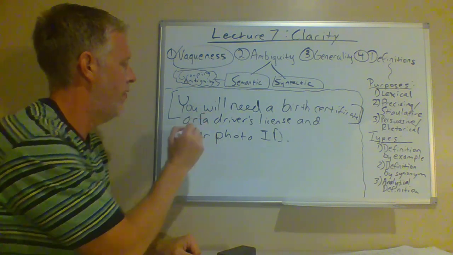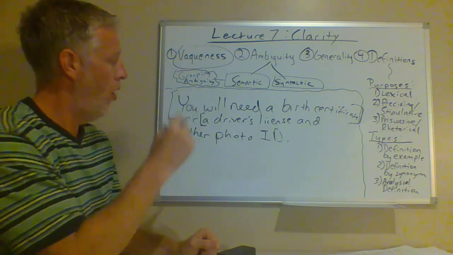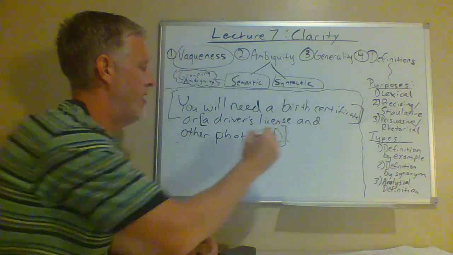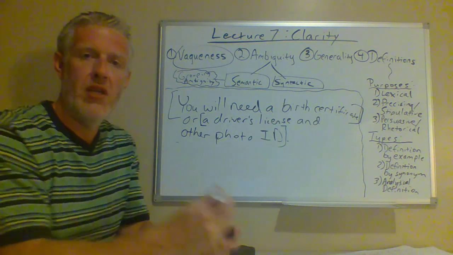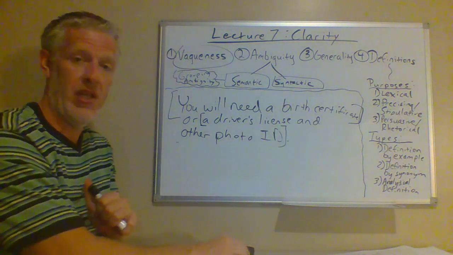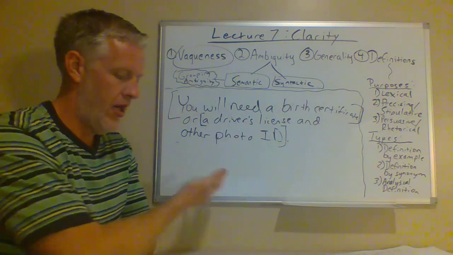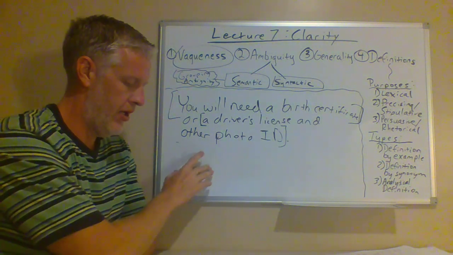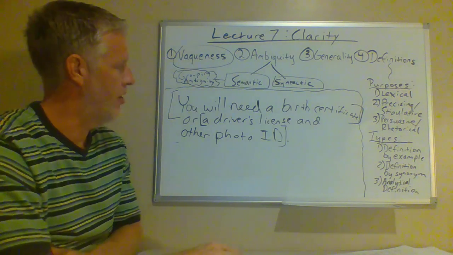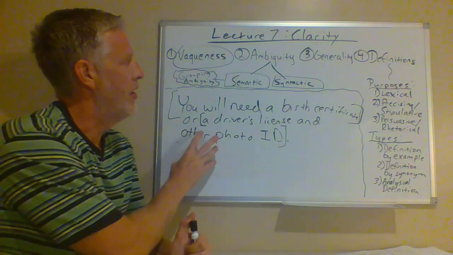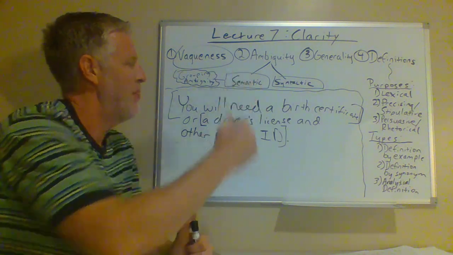Or you can have, right, so if you have a birth certificate, you're good to go, or you can have a driver's license and other photo ID. Right, well, which way is it? Which one is it? We don't know, given this expression. So I've outlined the two possibilities on the bottom of slide 8 there as well. All right, so that's a perfect example of syntactic ambiguity.